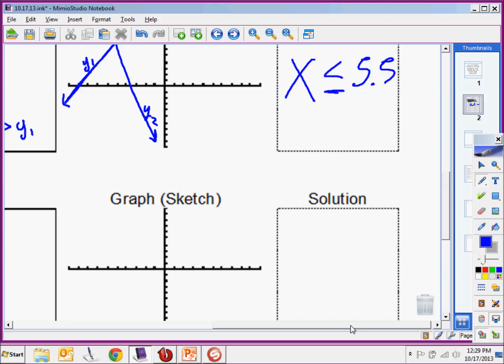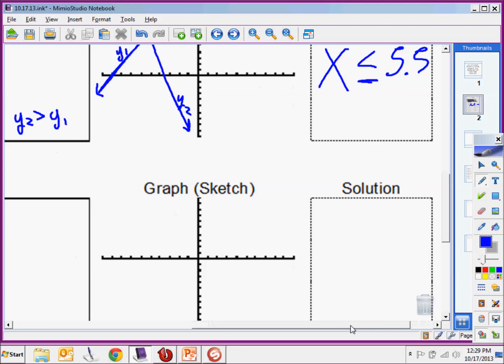If I go up, that means I'm going less than. So if my x values get smaller, what happens? If what happened is what I want, then that's what I use. If I go down, my x values are getting larger, am I getting my desired answer?